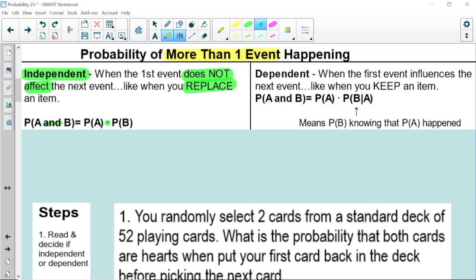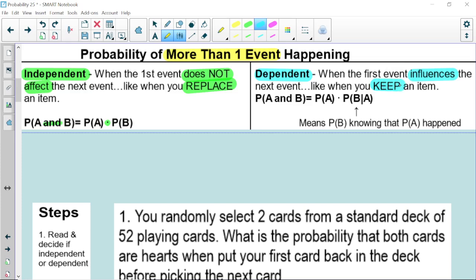When we look at the next type, we are looking at dependent. So this time, dependent, an event is going to depend on another one. It's going to be affected or influenced by a different event. So when the first event influences the next event, that's dependent. And again, oftentimes, not every time, but often we'll see us keep the item.